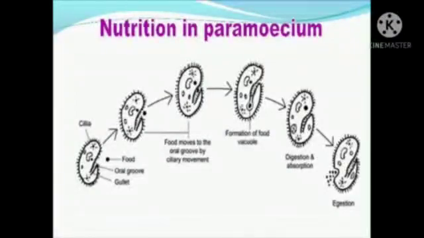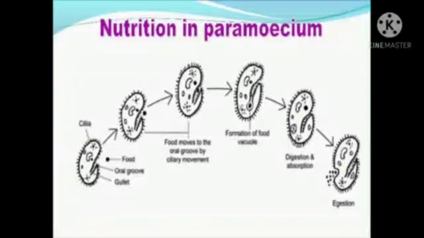Up to this, we already discussed in our previous 2 videos, that is the heterotrophic nutrition. In the heterotrophic nutrition the basic 2 cases are there. What are they? In case 1, the food is stable and the animal is mobile. In the second case, the food is mobile as well as the animal is also mobile.